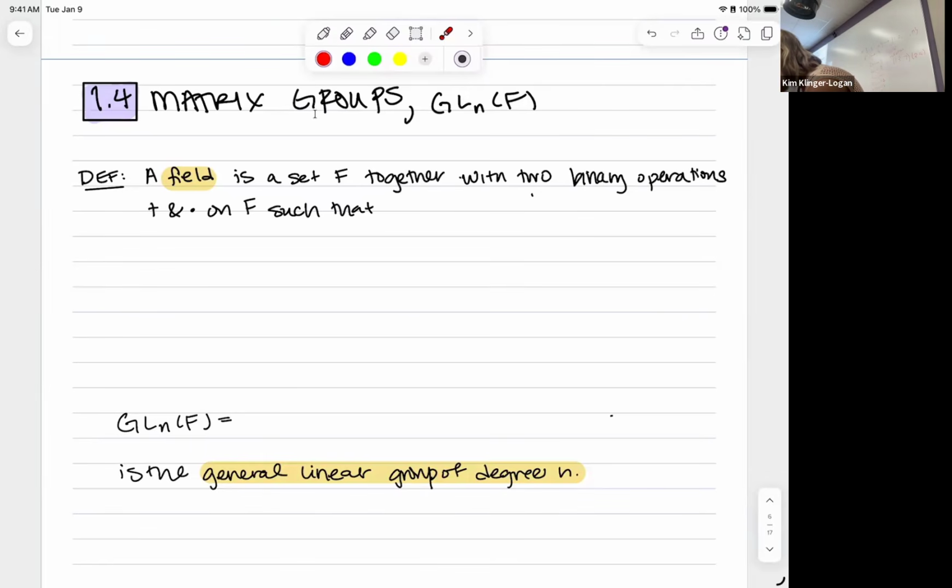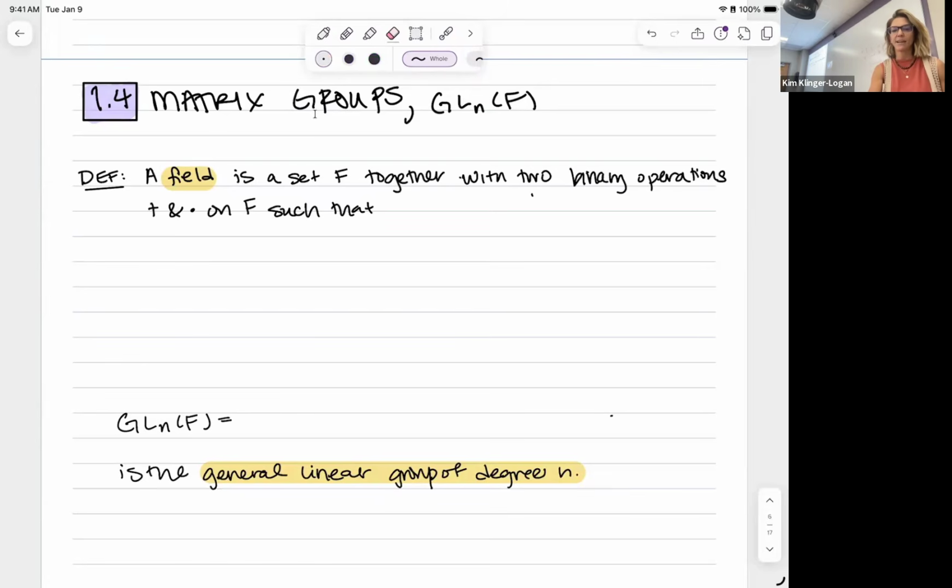And so what do I want the inputs to be in general on a general linear group? I really want them to actually be a field. And what is a field? A field is a set together with 2 binary operations, not just one binary operation. So when we were talking about a group, we have one binary operation, we pick one, right? We say this one's a group under addition or this one's a group under multiplication. Here we need both addition and multiplication.